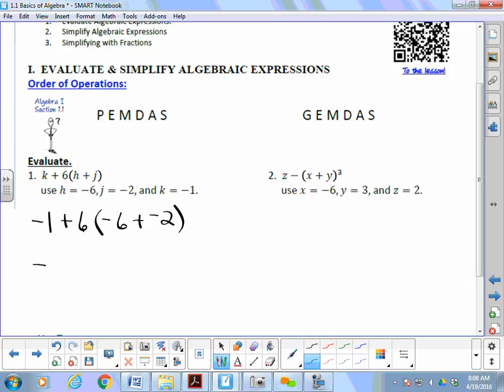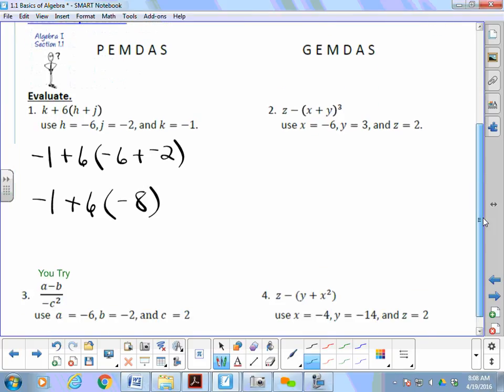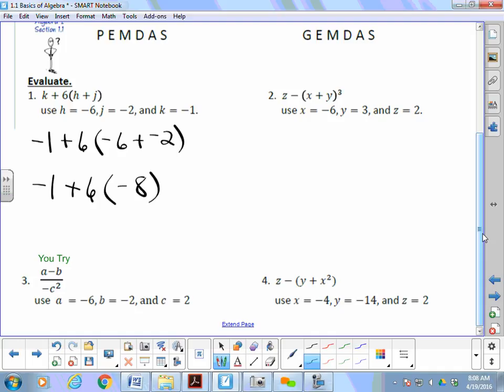So anyway, do the parentheses first. Negative 6 plus negative 2, negative 8. All right, so these take some steps, so you need to make sure you do the steps correctly. Now, here's where there's a lot of mistakes made. Some of you want to do this first. You can't do that first because this is an addition sign where this parenthesis means what?